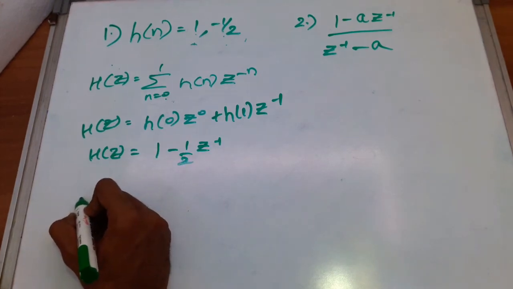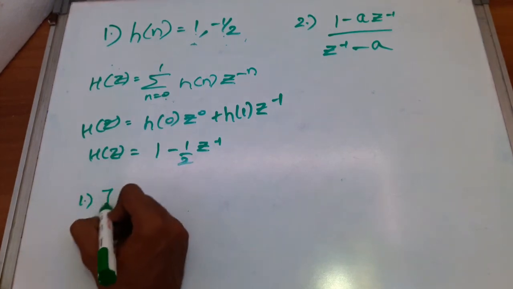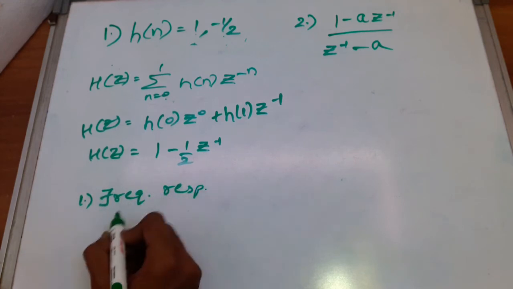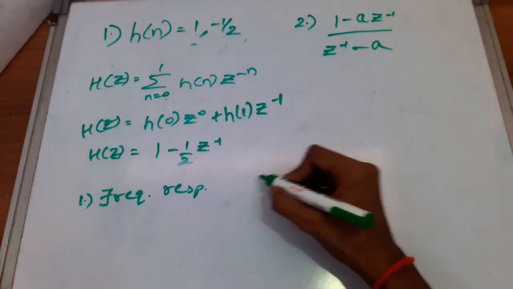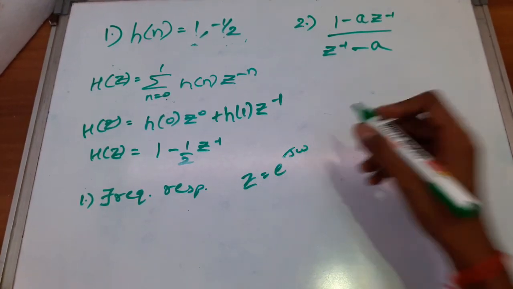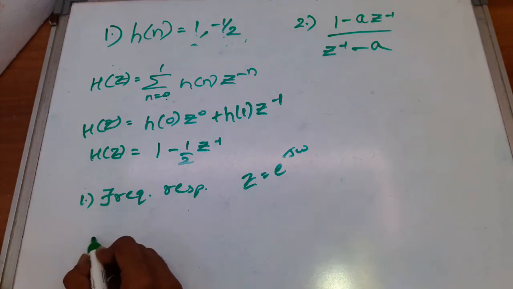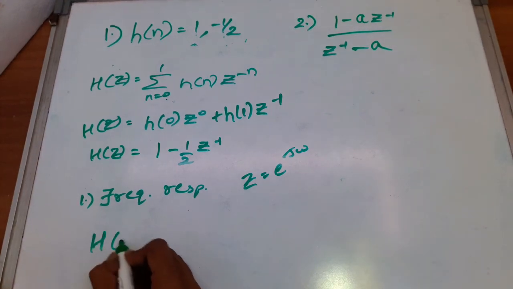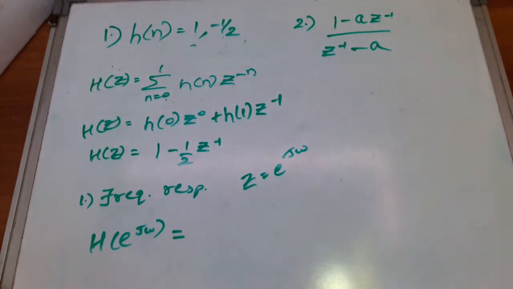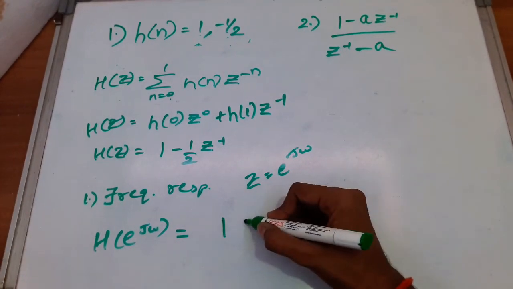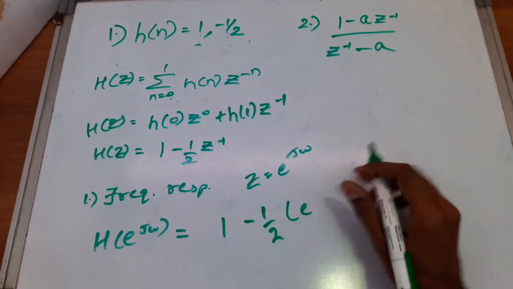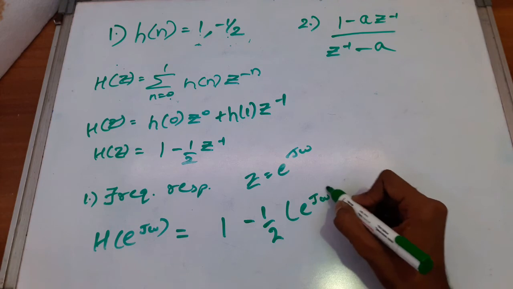So now the first thing will be the frequency response. That is z equals e raised to j omega. So the frequency response will be H of e raised to j omega equals 1 minus 1 by 2 e raised to minus j omega.